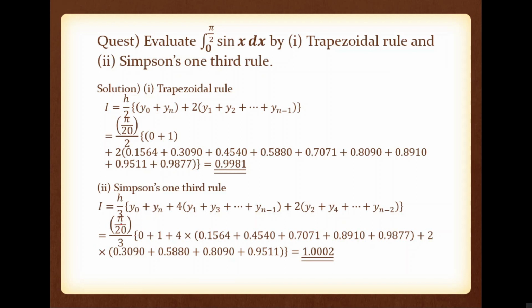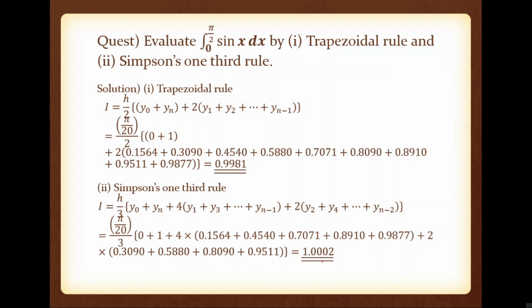That is equal to pi by 20, that is h, divided by 3 into first term 0 plus last term 1 plus 4 into 0.1564 plus 0.4540 plus 0.7071 plus 0.8910 plus 0.9877 plus 2 into 0.3090 plus 0.5880 plus 0.8090 plus 0.9511.